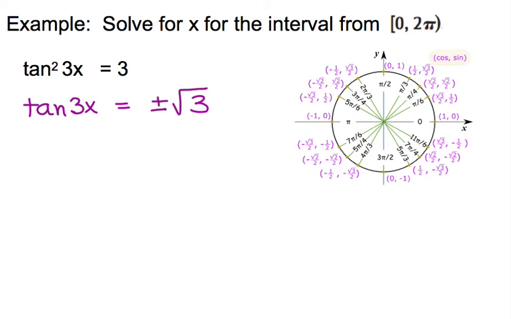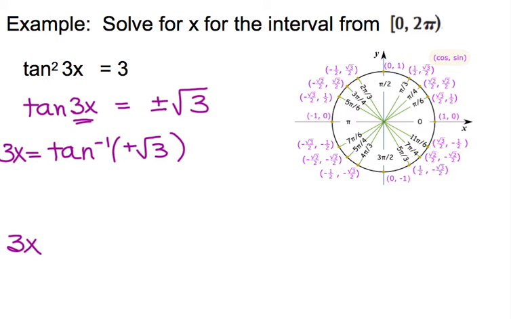Now we're going to use our inverse trig. So I'm going to set up two equations. 3x equals the tangent inverse of a positive square root of 3. Leave some space. 3x equals the tangent inverse of negative square root of 3.